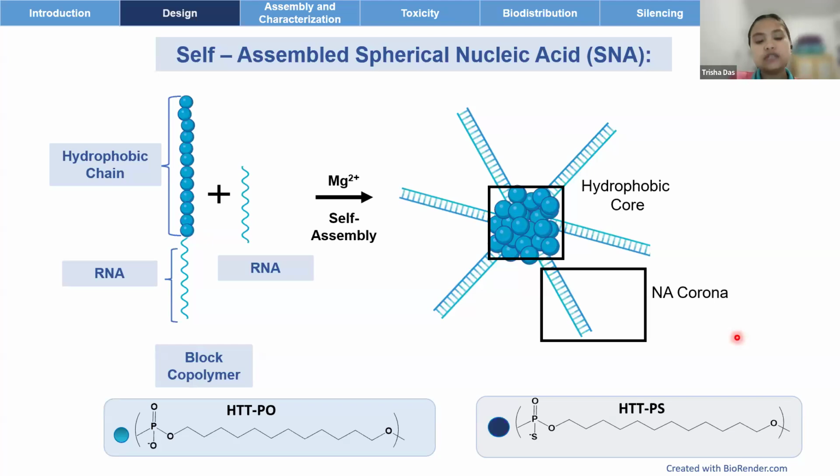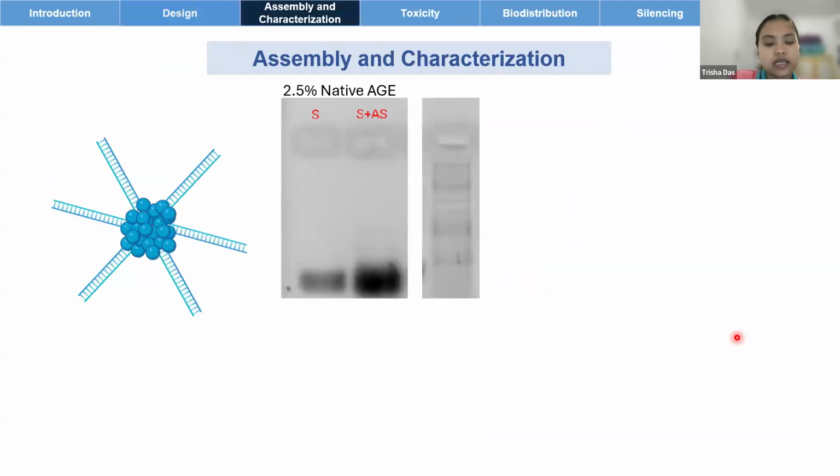After the design is done and we assemble them, we can check their assembly in a gel. We run a 2.5% native gel, and we can see that they have been forming pretty well. The first one is just the structure without the antisense portion, and the second design is with the antisense portion. Then we look at the morphology.